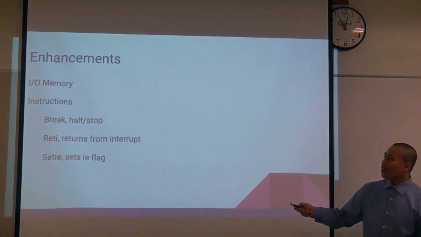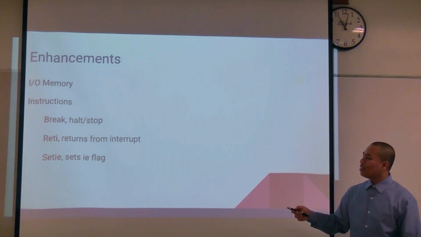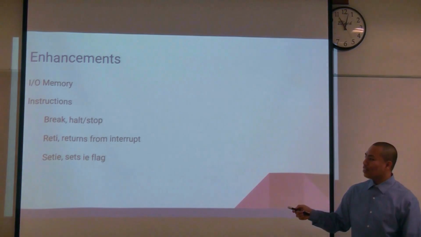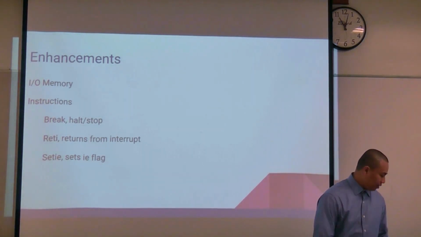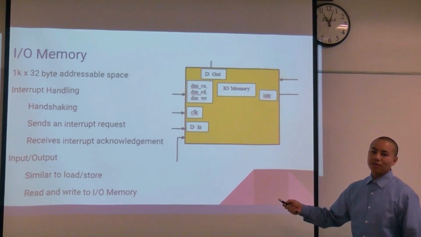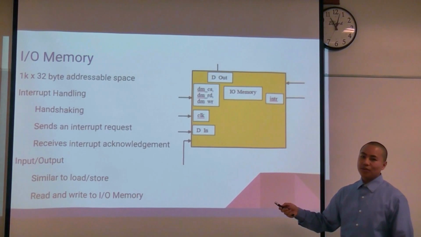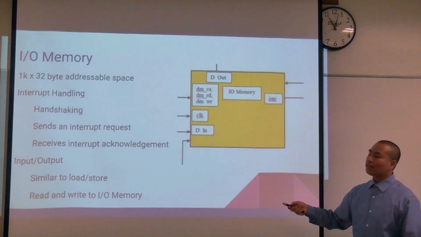So enhancements: we have IO memory instructions, we have a halt, which stops, and we have return from interrupt, which sets the interrupt enable flag. Our IO memory, for testing purposes, is 1K by 32, byte addressable. Interrupt handling works through handshaking.